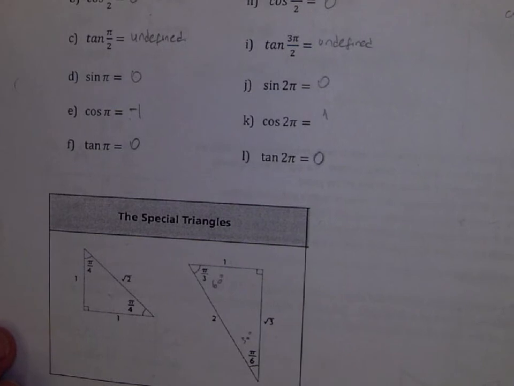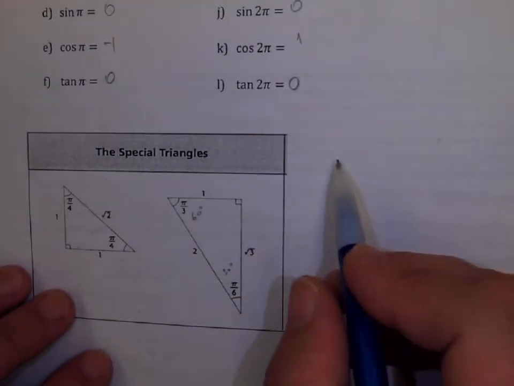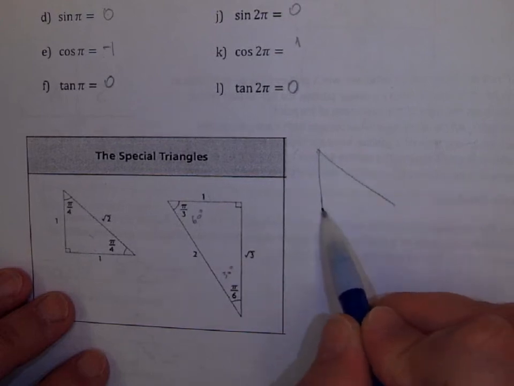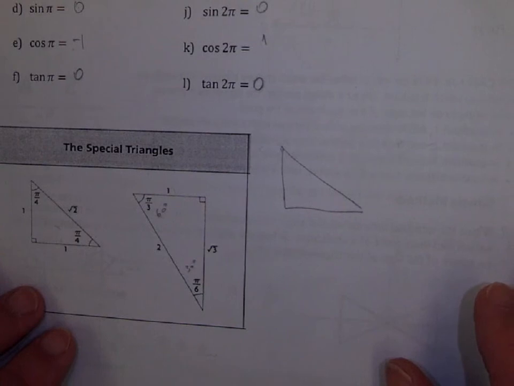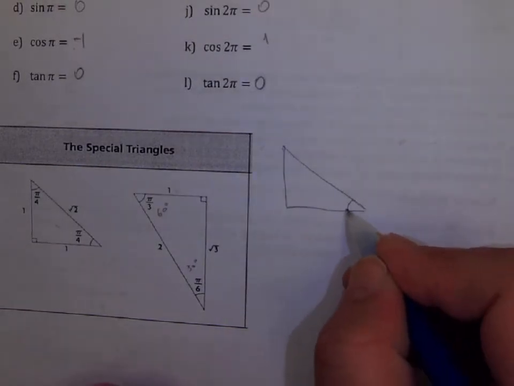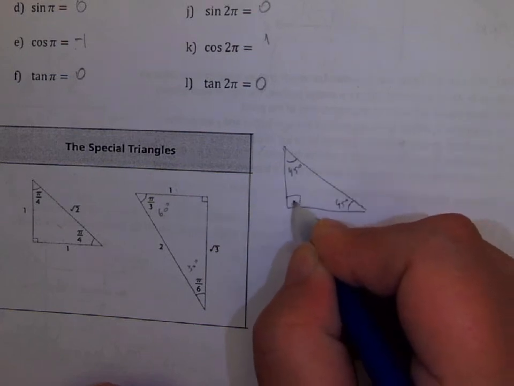Okay, now we are going to remember special angles. Last year in grade 11 you learned these special angles and special triangles in terms of degrees. So 45 degrees, 30 degrees and 60 degrees are special angles. Okay, so 45, 45, 90 is one of the special triangles.